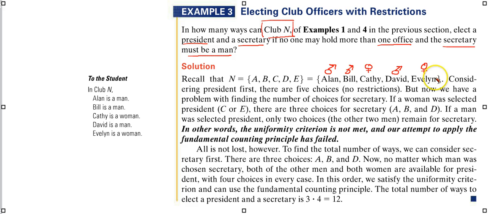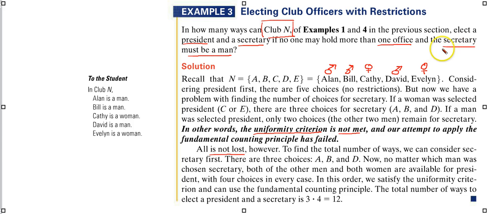Now, they're saying as you read through here, the uniformity criterion is not met, and our attempt to apply the fundamental counting principle has failed. But then they go on to say not all is lost. You can kind of switch it around a little bit and say, well, let's do the secretary position first.